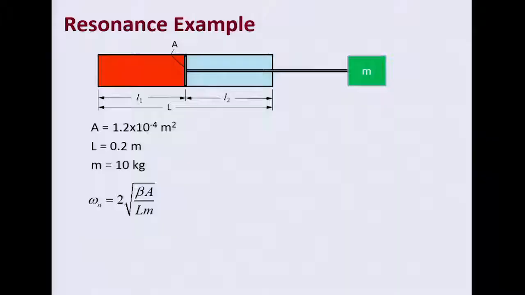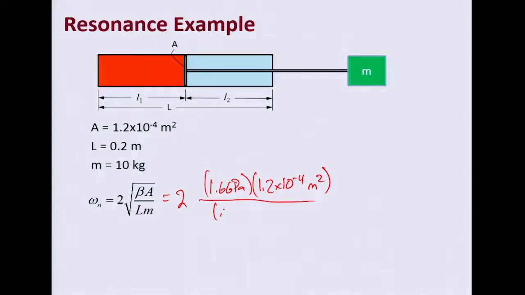So let me take those numbers and plug them into the equation that I have here, and now I've got 2 times a bulk modulus of maybe 1.6 gigapascals multiplied by the area of 1.2 times 10 to the minus 4th meters squared divided by the length of 0.2 meters and the mass of 10 kilograms. And then I'll take the square root of all of that.